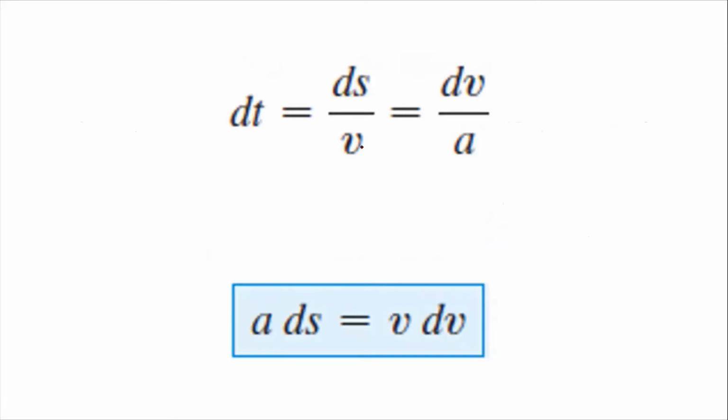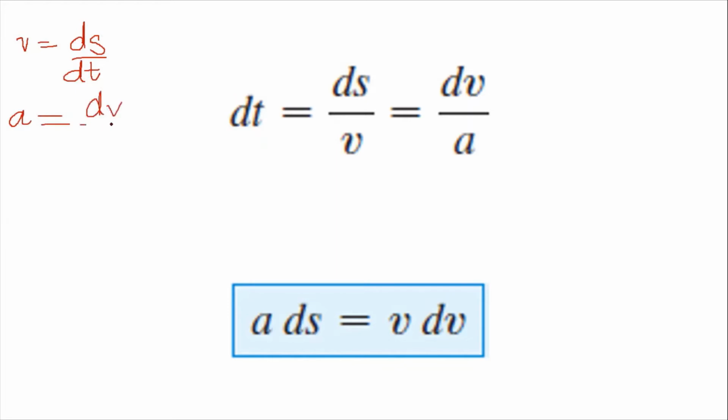Now I am moving towards one more thing: dt equals ds over v, and dt equals dv over a. How is it so? Let's start. For example, we have v equals ds over dt. There are two equations we have derived before: v equals change in distance or displacement divided by dt, and acceleration a is equal to dv over dt.